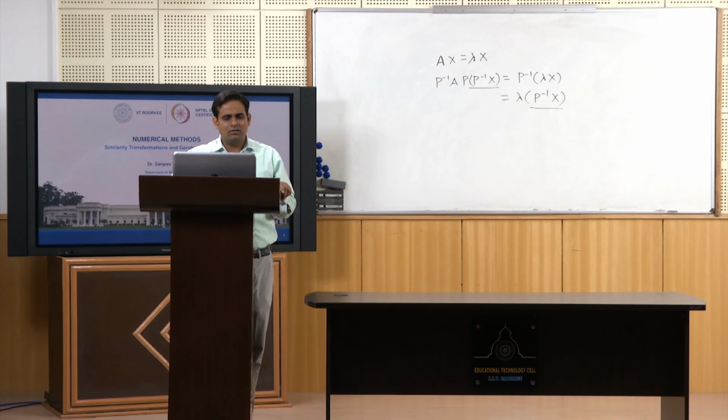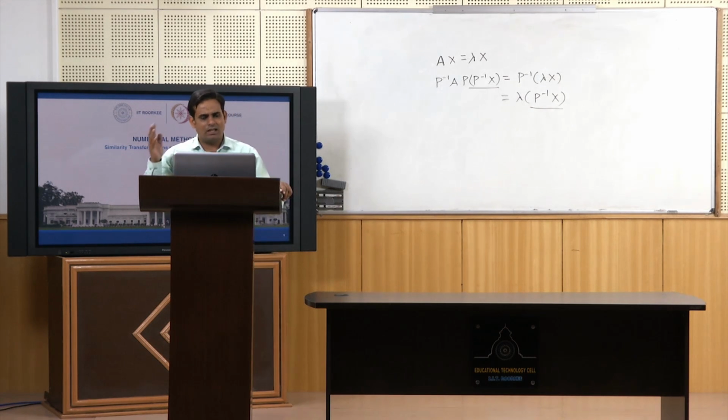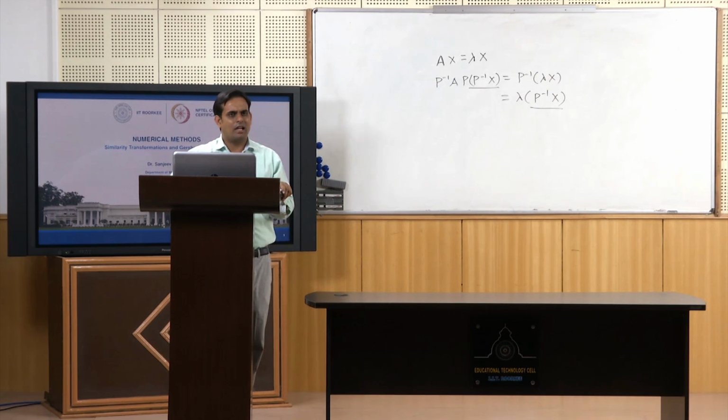So our aim is to find some similarity transformation such that, for a given general matrix, we can convert it into either a diagonal matrix or a triangular matrix, making it easy to find the eigenvalues.